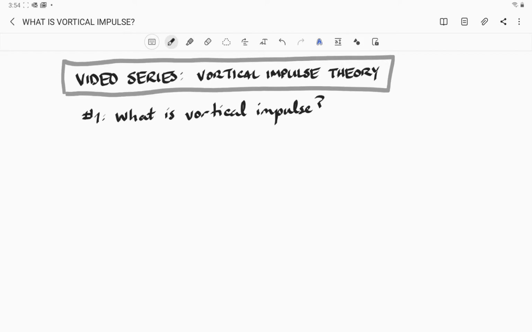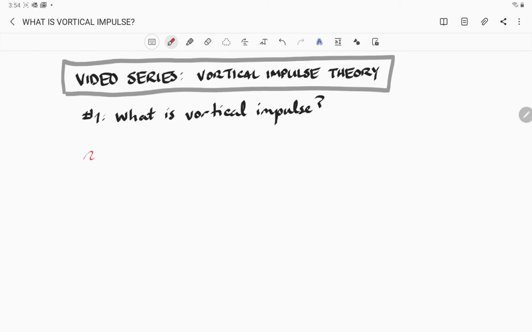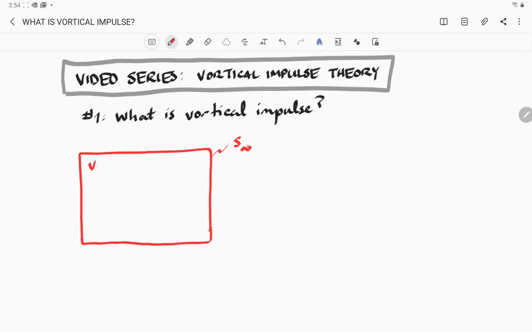So firstly, let's talk about how momentum is related to force, because we're all fairly familiar with that. So we need to define a control volume. We're going to do a control volume analysis. I'm just drawing this rectangular, but I'm actually considering an unbounded fluid domain. So externally bounded by S infinity, which is out at infinity.